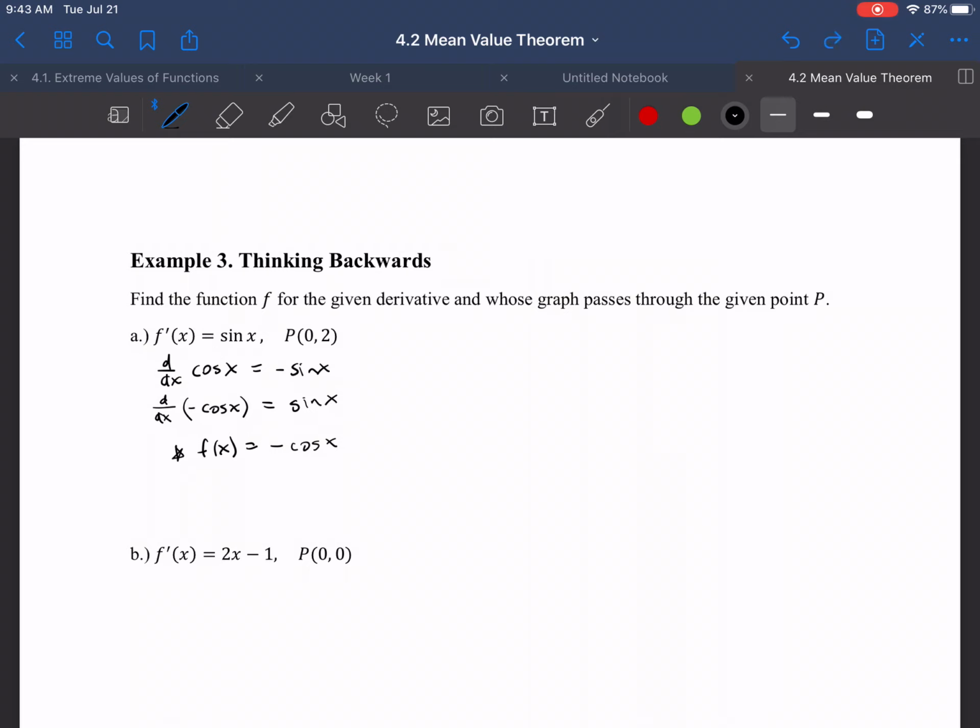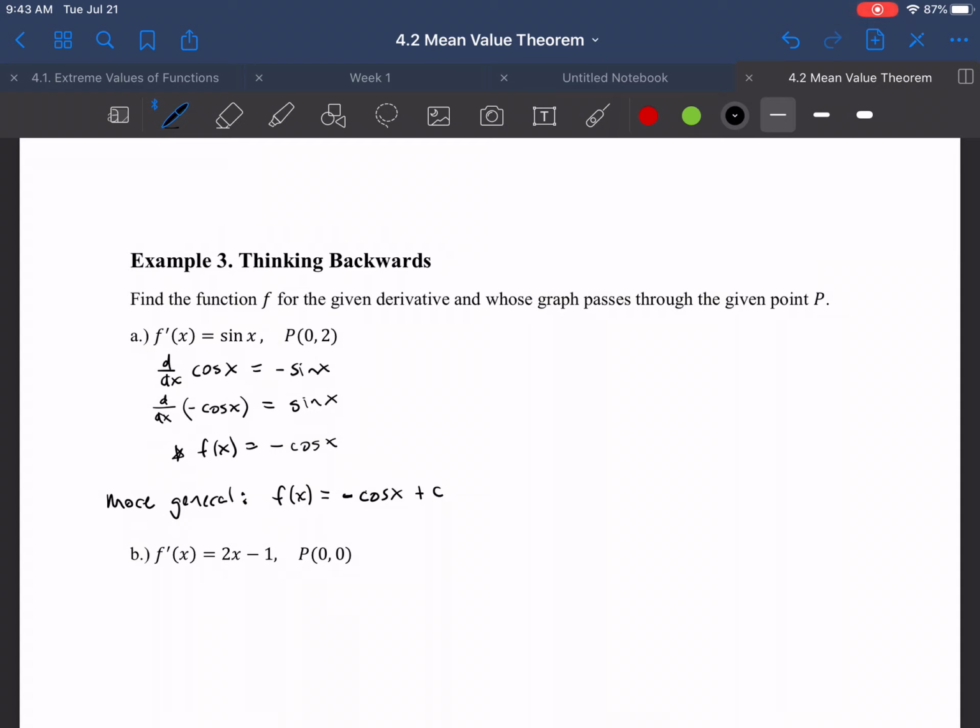We could be a little more general because, as we just saw on our previous page, anything that differs by the addition of a constant gives us the same derivative function. So in fact, we could say f of x equals negative cosine x plus some constant that may or may not be there.